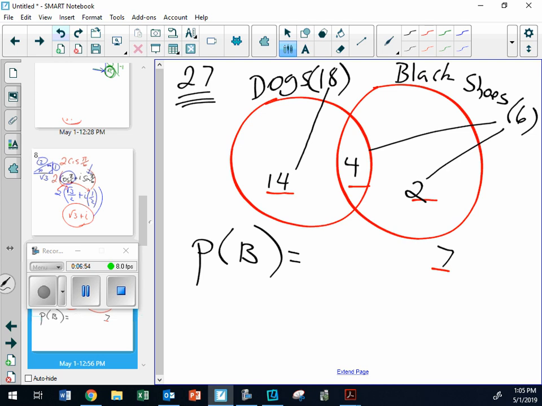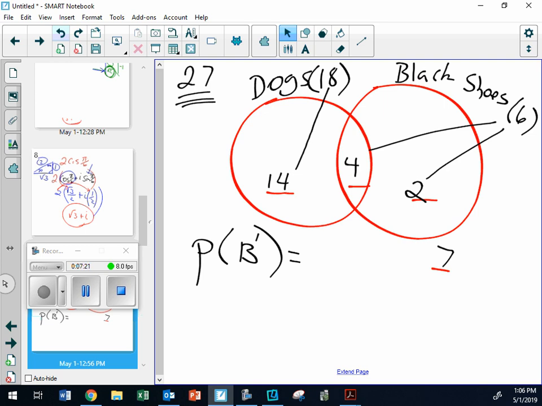All right. How about not B? Not B. Now, kids have gotten this confused before by thinking, well, you said that you couldn't pick from people who have black shoes. No, I did not say given. I never said given. I didn't say given that they don't have black shoes.